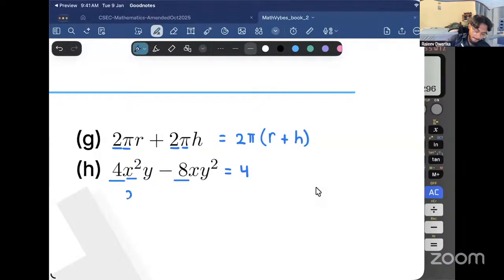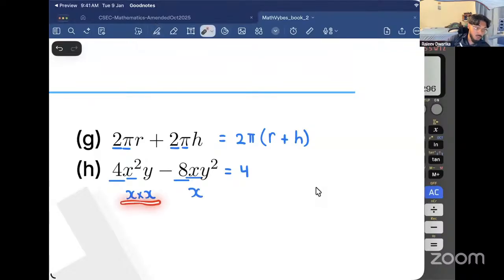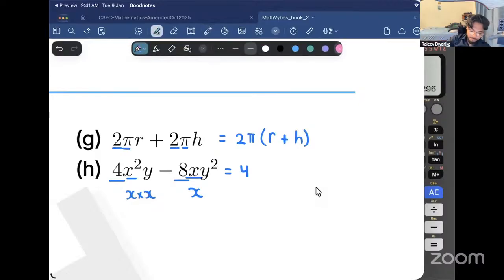X by X. So by 4, you just put an X. Because x squared means x by x, so I have the product of 2 x's there, and over here, I just have x. So how many x's do both of them have in common? 1, sir. Right. Both of them have exactly 1 x in common.